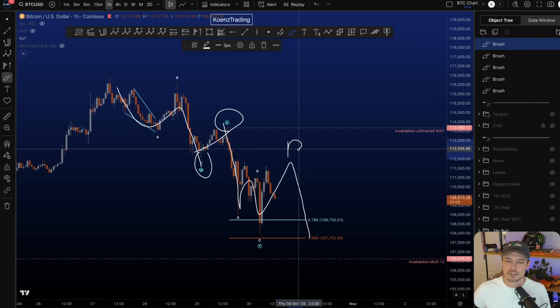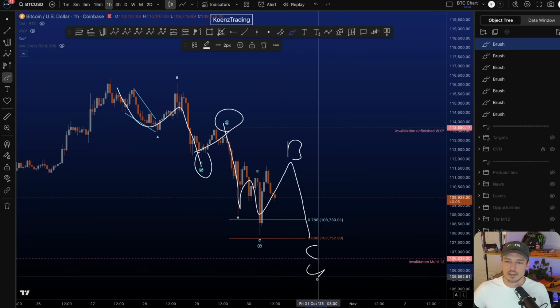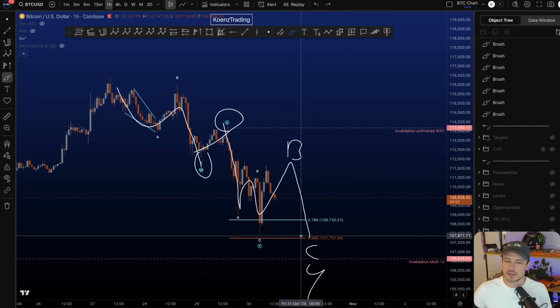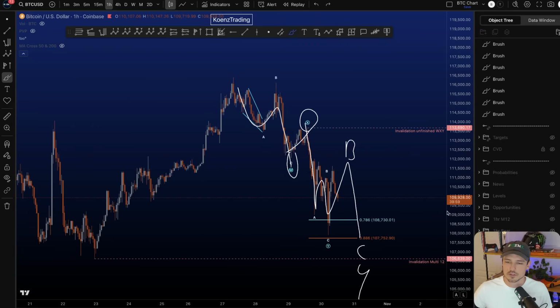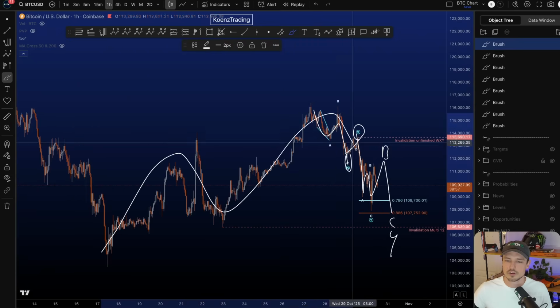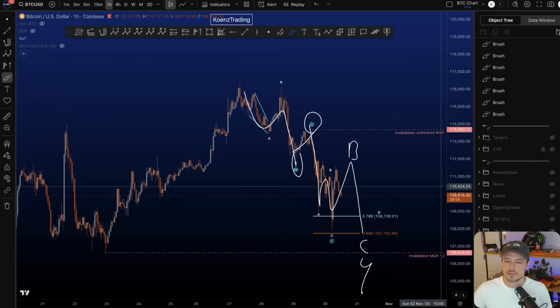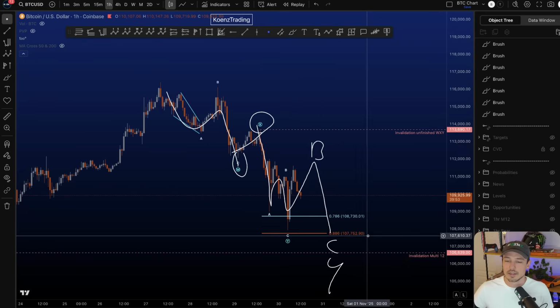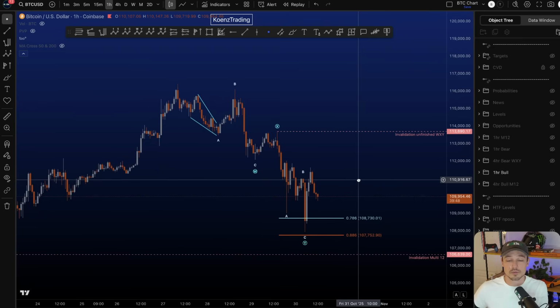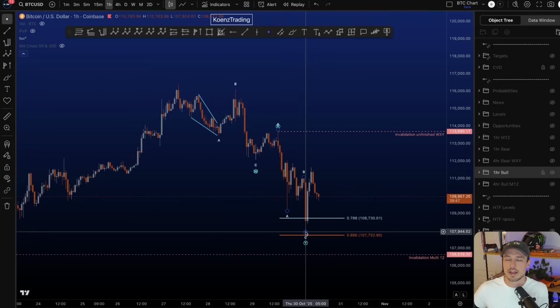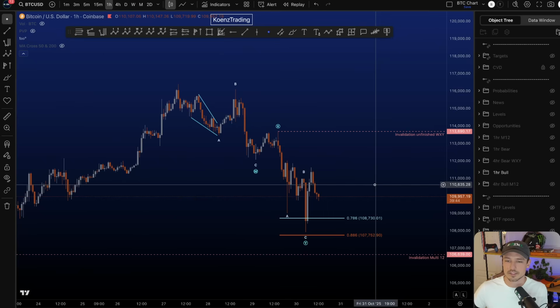Of course, the issue is, in this particular case, that your wave C is then very, very likely going to touch the 886, which lowers the probabilities for the bullish scenario 1-2-1-2 and eventually look for a wave 3 towards the upside. It's not an invalidation, and that is something we have to keep in mind. Preferably for the bulls, you finish at this low, and that's it.